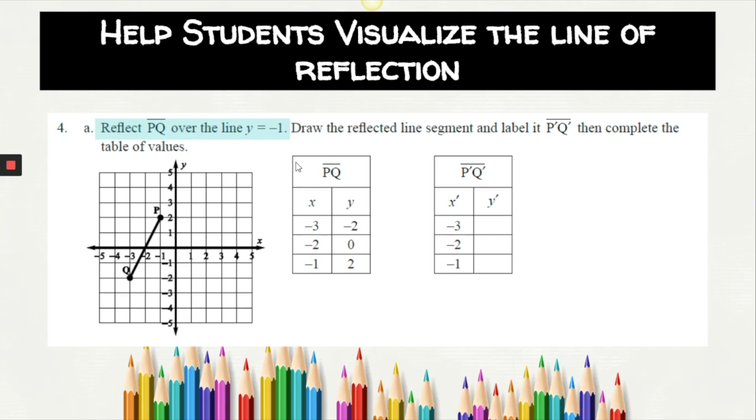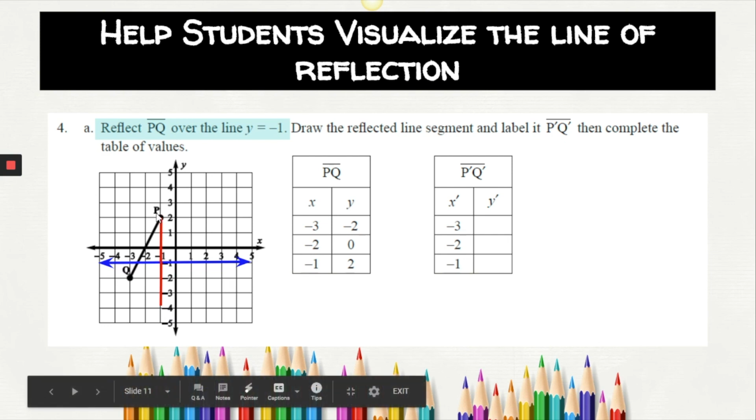So this next one I thought might be a little off as well, like they might be confused because they're not sure how to proceed. And the only reason is, as I click through here, you'll be able to see that P actually reflects to the bottom side of this line of reflection.